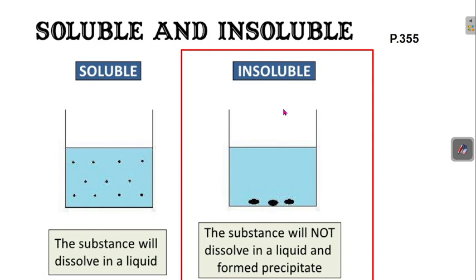When it doesn't dissolve, we say that solute is insoluble. That substance will not dissolve in a liquid. And then what happens? It precipitates. Here's your beaker. It's not floating around here. It's not dissolved. It's not surrounded by molecules of water. It just falls down. Page 355 has a definition of both.